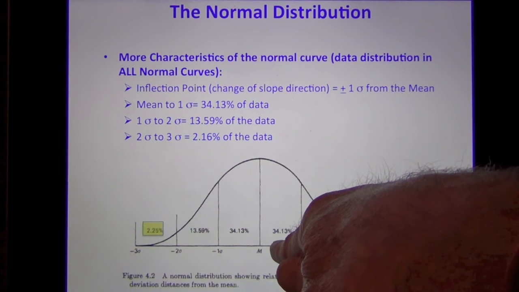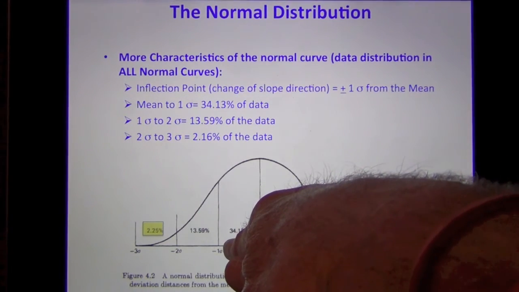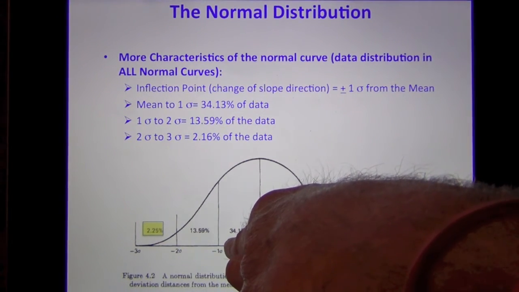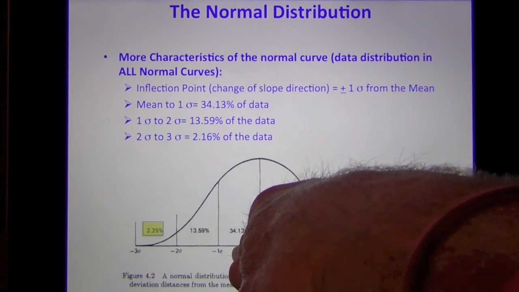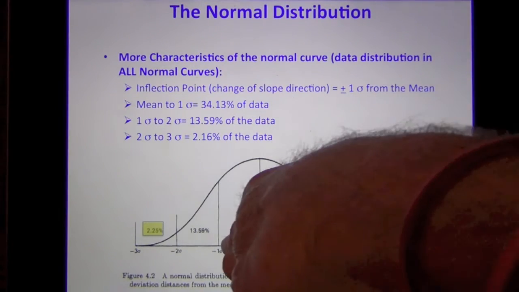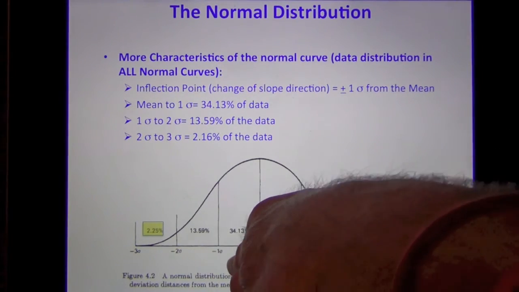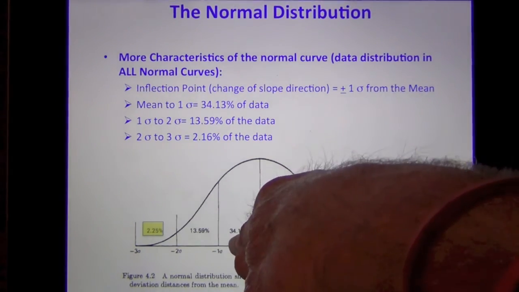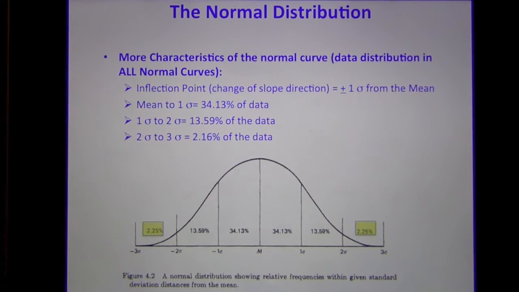That's by definition. Similarly, if you go below the mean by one standard deviation, you capture 34.13% of the values again. So you could also look at it and say between one standard deviation below and one standard deviation above the mean, you capture 68.26% of the values. That's simply by definition.